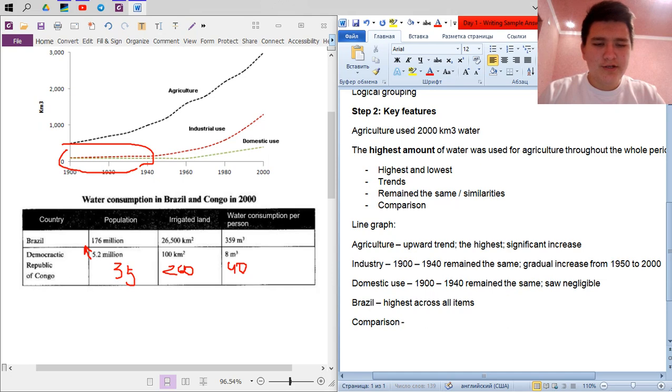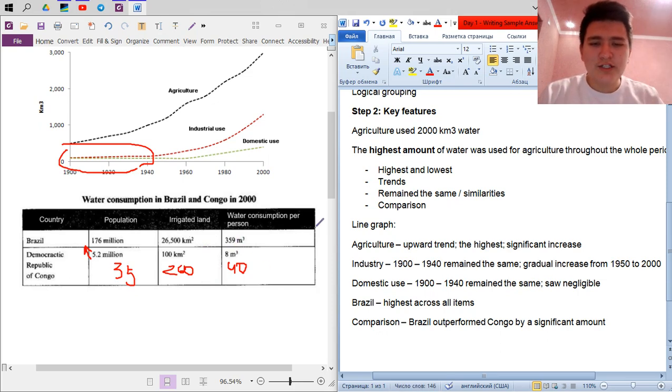So the comparison here is that Brazil outperformed Democratic Congo by a significant amount. I'm using that just for the sake of this plan. Okay, so it's really big. I guess that's it.